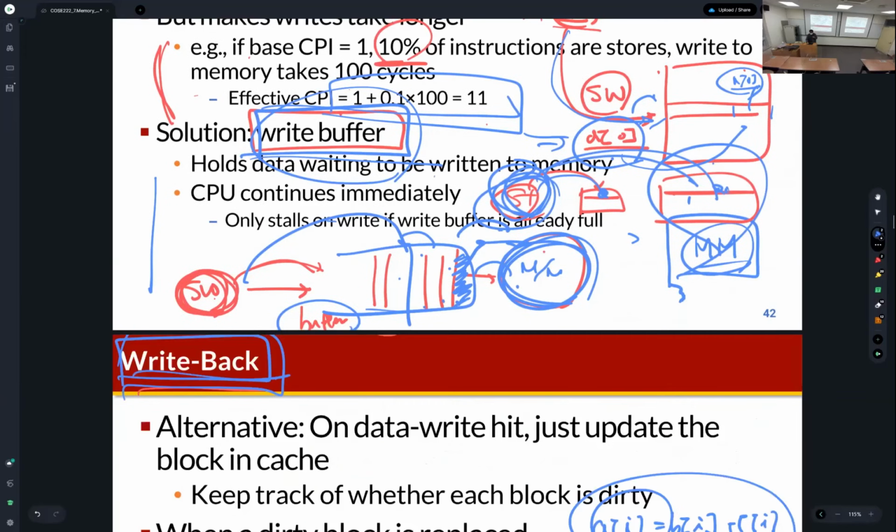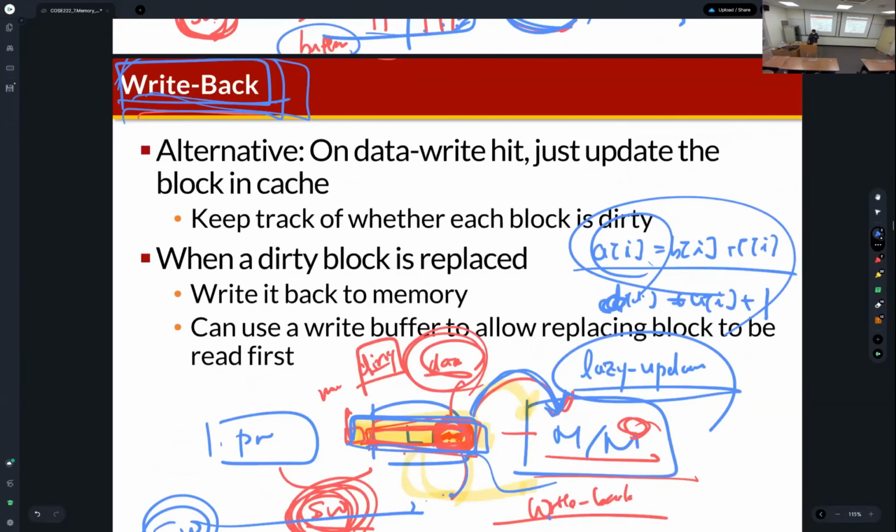The write back policy is that when the store instruction is executed in the write hit case, the data only in the cache is updated. The data in the memory is not updated immediately.